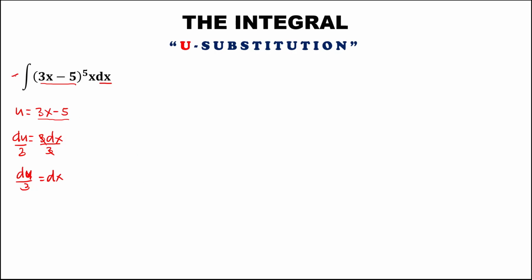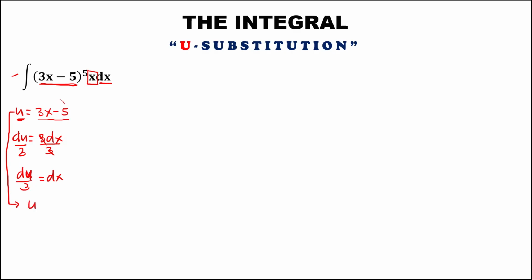Then observe from this given, 3x minus 5 is equal to u, and dx is equal to du over 3. Now take note that we still have a problem for x. So we need to solve for x from this equation. So this becomes u.